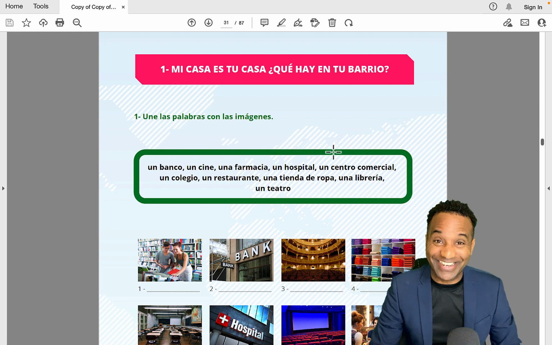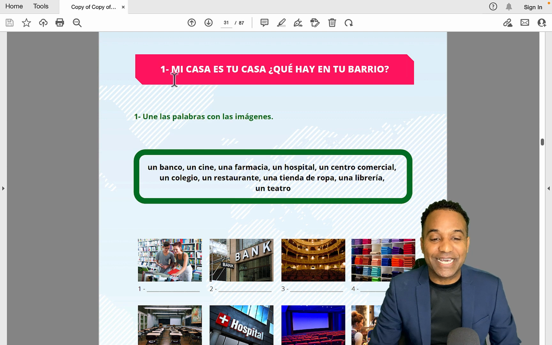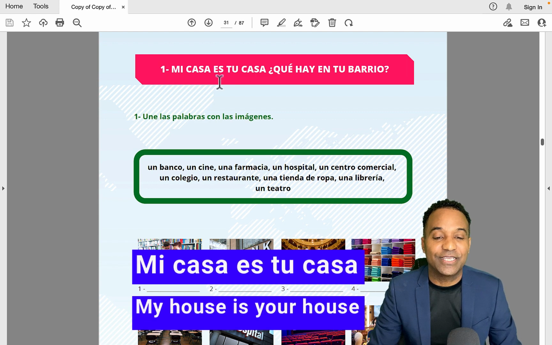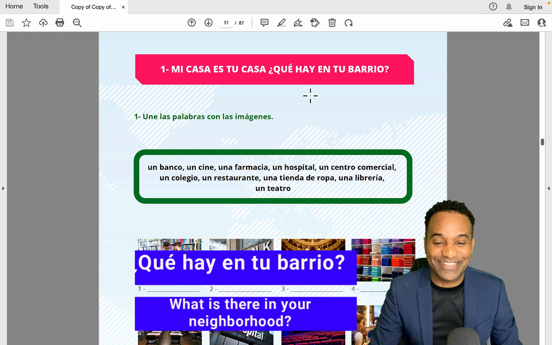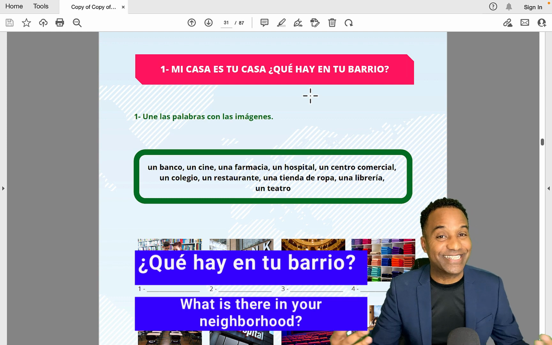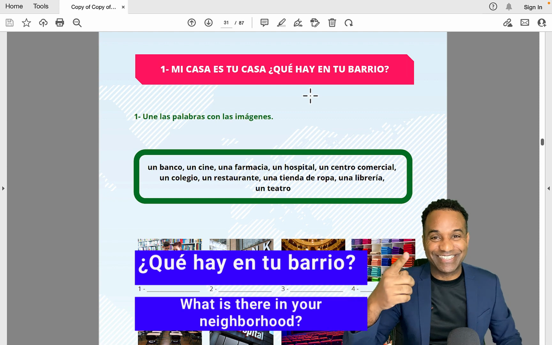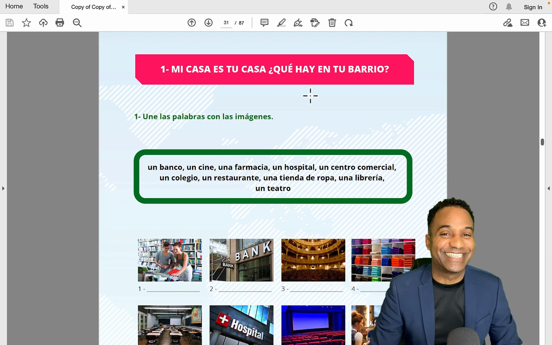Okay, ready? Let's get there. So we have mi casa es tu casa. What does that mean? My house is your house. ¿Qué hay en tu barrio? What is there in your neighborhood? What is there in your area? So that's our title for this unit, for this lesson.